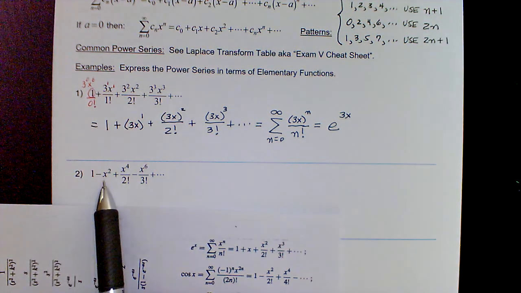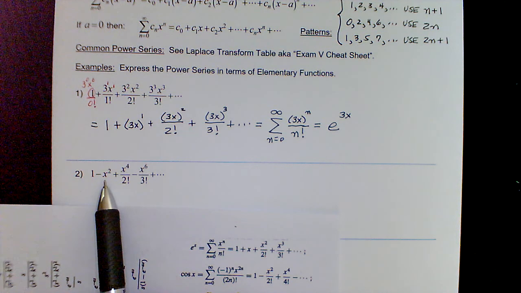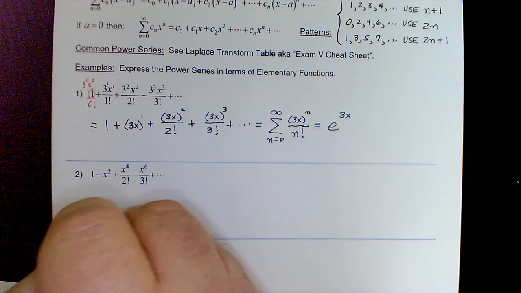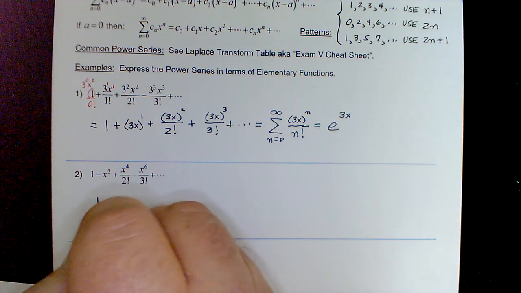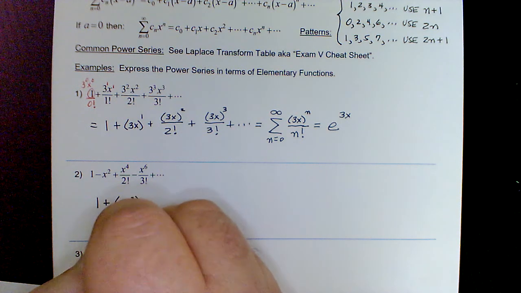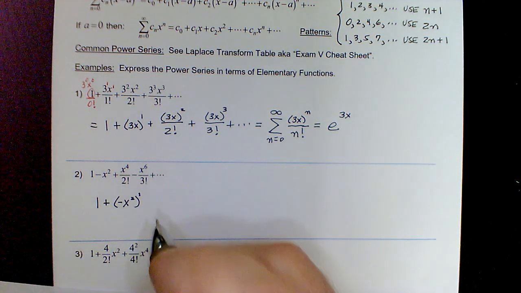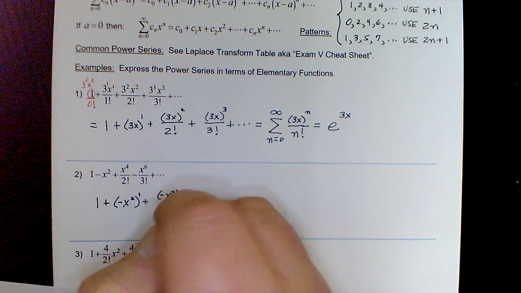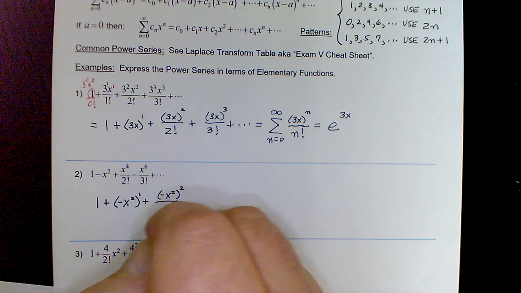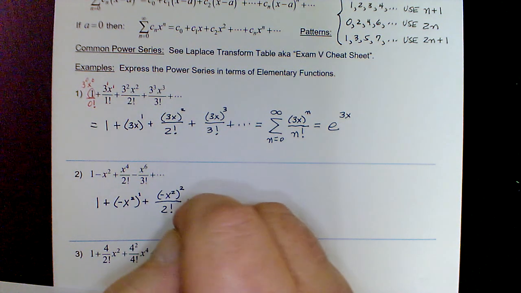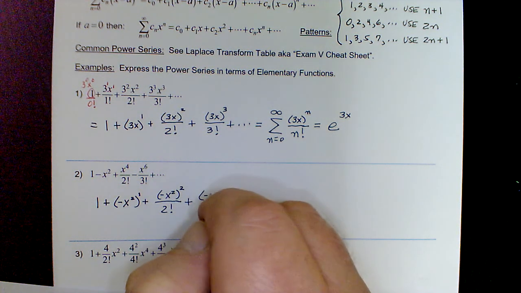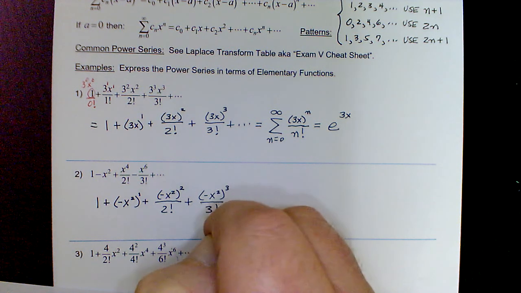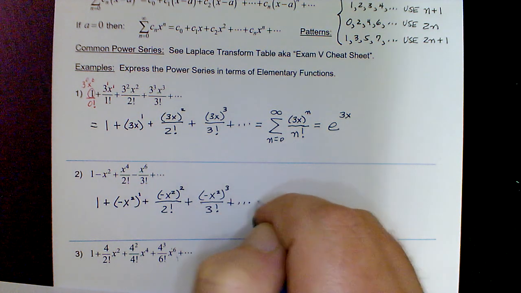And the way to deal with the alternation of sign is to consider this as 1 plus a negative x squared to the first, and then plus a negative x squared over 2 factorial, and then plus a negative x squared cubed over 3 factorial, and so on.